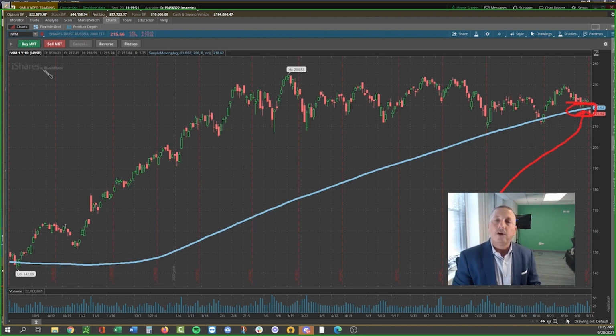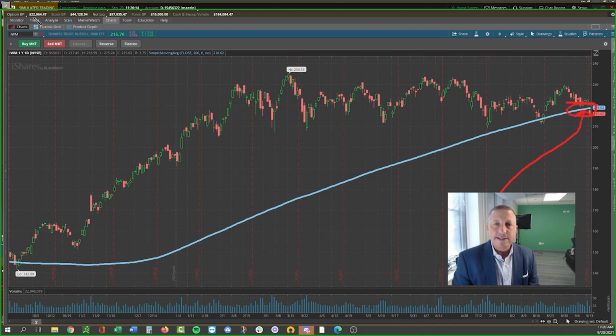Maybe, but we may also look to sell a put or sell some put spreads here, which is what we do. We trade ideally with a spread to cap out our risk. We do that here if we were to sell a put spread with the idea that that support level is going to hold and the stock, or in this case the IWM ETF, is not going to go any lower.